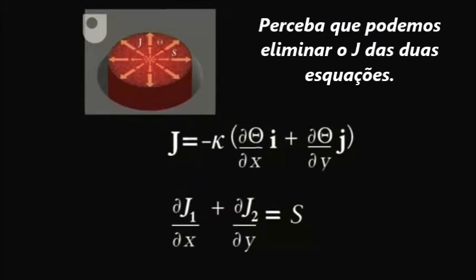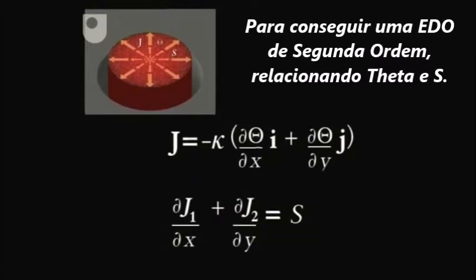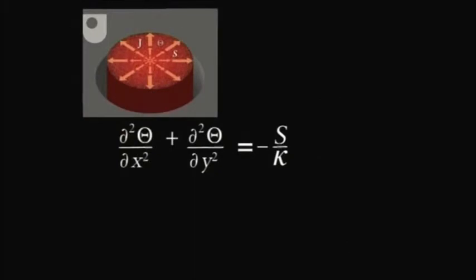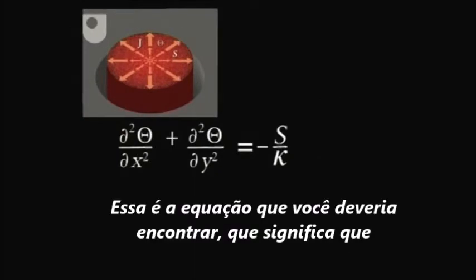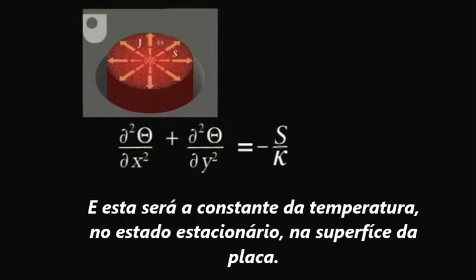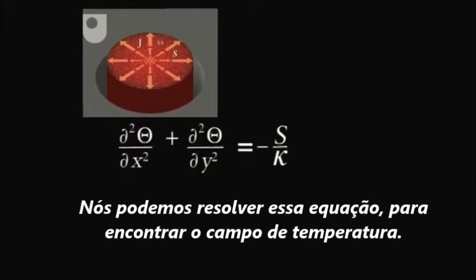See if you can eliminate J from the two equations to get a second-order partial differential equation relating theta and S. This is the equation you should have got. It means that if we know the heat source field S, the thermal conductivity kappa, and the boundary conditions, in this case, that's the constant steady-state temperature on the surface of the rod, we can solve this equation for the temperature field theta.